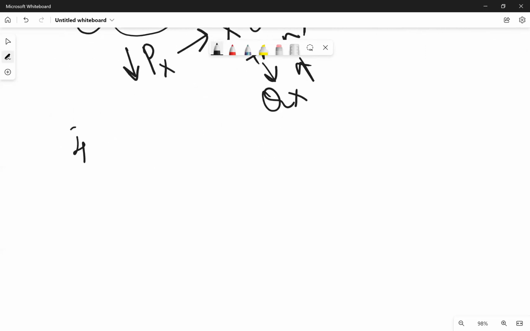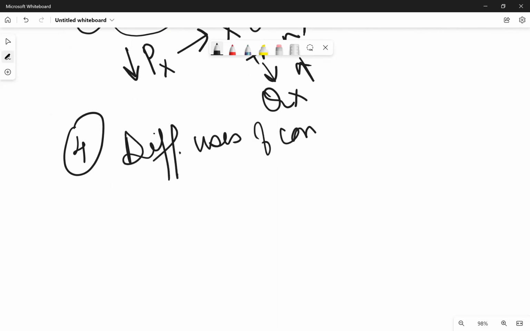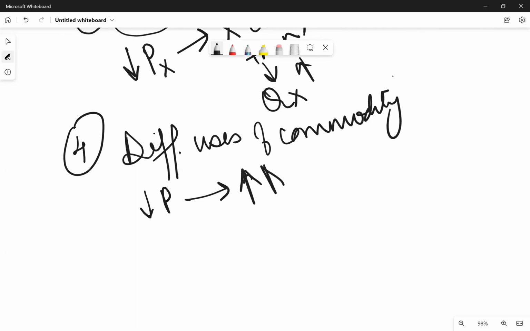Then fourth, you have different uses of a commodity. So when there is a fall in price of a good, you can use that good for several different uses as well, right? So it can be put to other uses, and as a result your demand will increase.